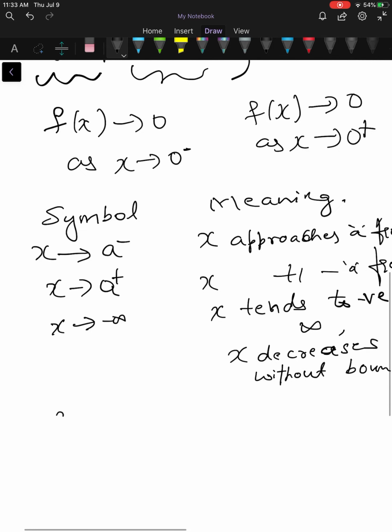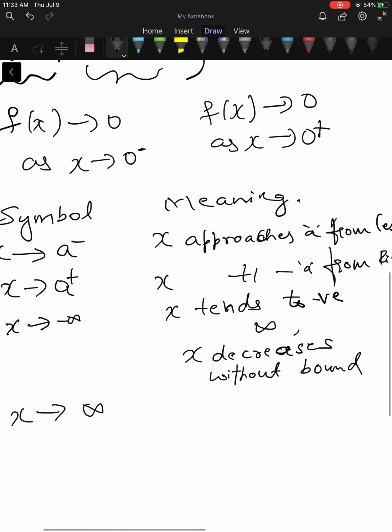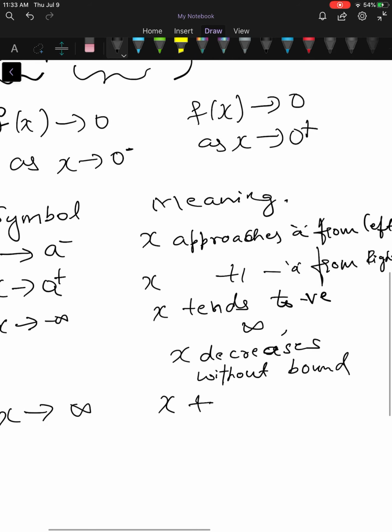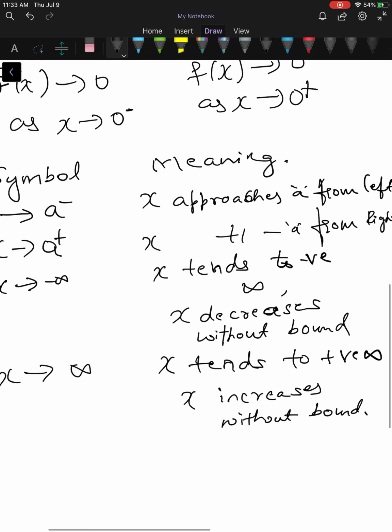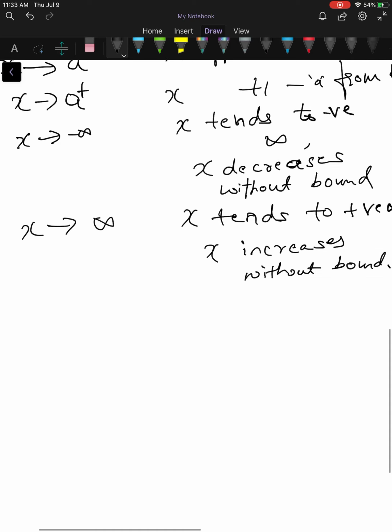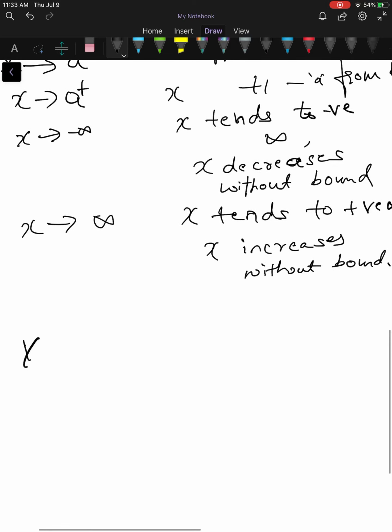And if x tends to positive infinity, that implies x increases without bound. Okay, so now let me define what a vertical asymptote is.